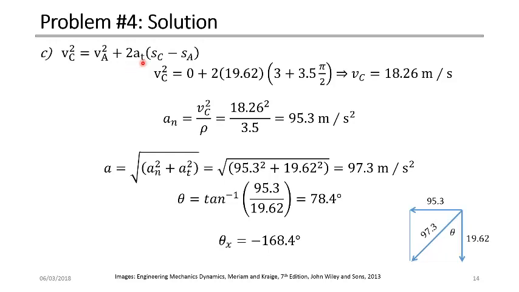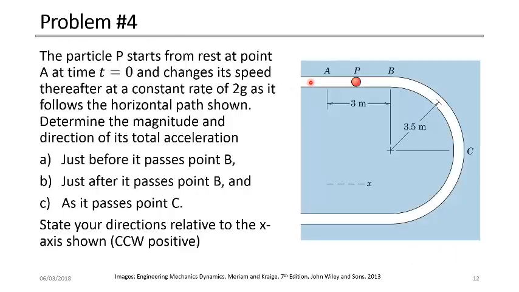Plus 2 multiplied by the acceleration, multiplied by the distance between s_C and s_A. So v_C squared is equal to the initial velocity squared, which is 0, plus 2 multiplied by the tangential acceleration, which is 2g, it's 19.62, multiplied by the distance between A and C. This is the part we need to go back here to show.